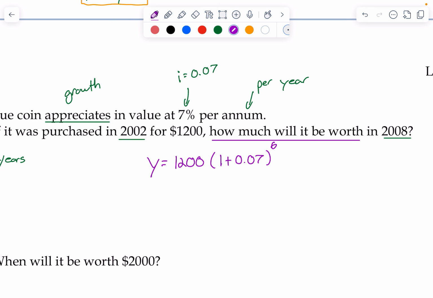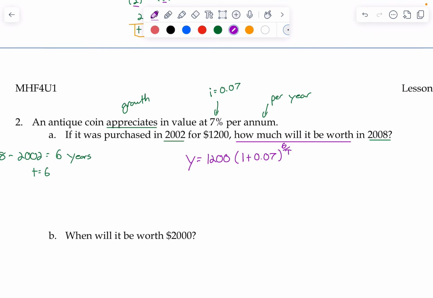And then there would be a big T here. So what is that big T? Well, it appreciates in value at 7% per annum. This per annum part is telling you that T is 1. Every year your thing grows by 7%.